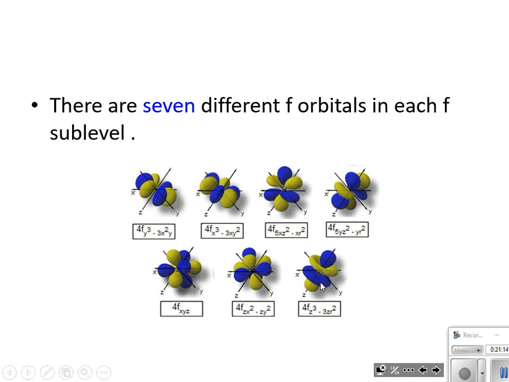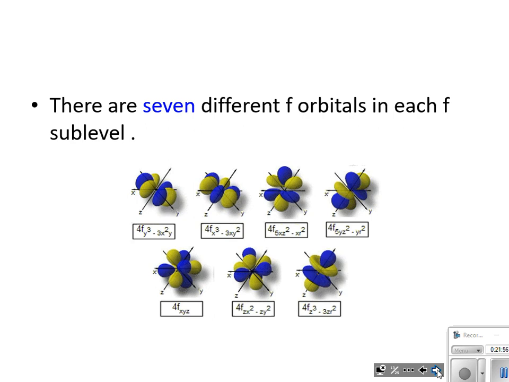Once again, they're talking about the coordinate system with the X, Y, and the Z. This one right here that I have my pointer on is f z to the third, 3zr squared. Once again, way in depth. What you need to know about this is how many orbitals are on the f sublevel, and that answer would be 7 orbitals on the f sublevel.